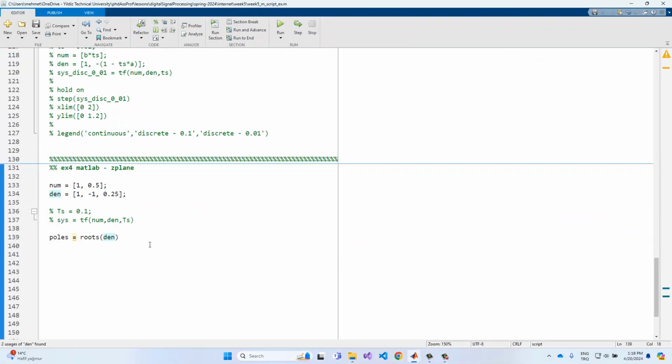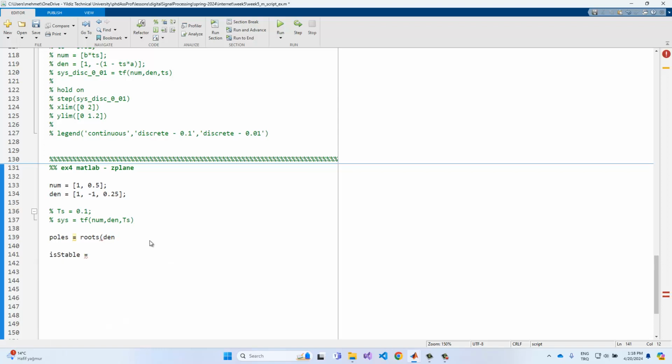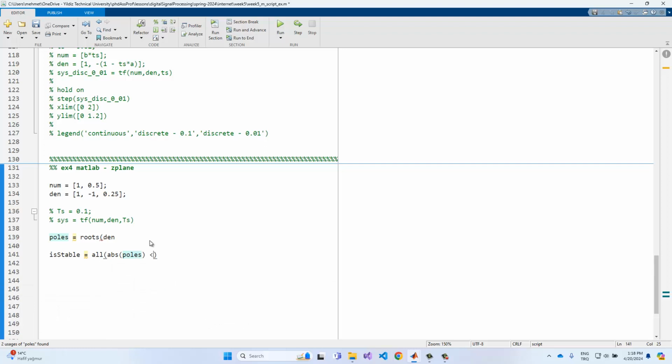And so a stable condition is that the absolute values of all the poles are smaller than 1. If this is true for all the poles, then we can say that this system is stable.